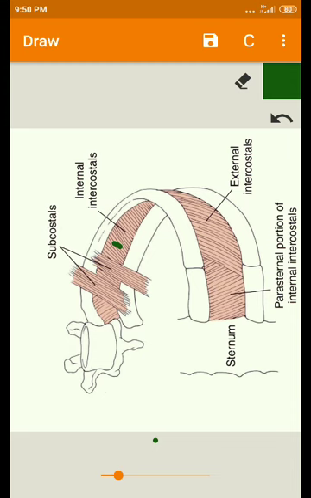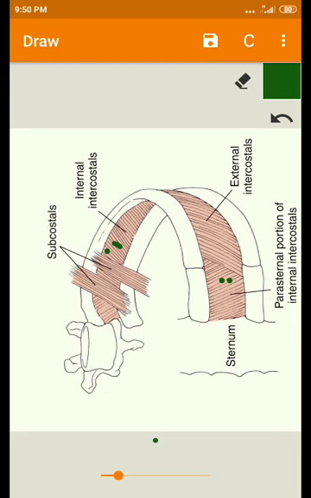So if you observe, the intercostal spaces therefore have only one muscle layer anteriorly and posteriorly. Anteriorly we will have this parasternal portion of the intercostalis. Posteriorly we will have the external intercostalis muscle.